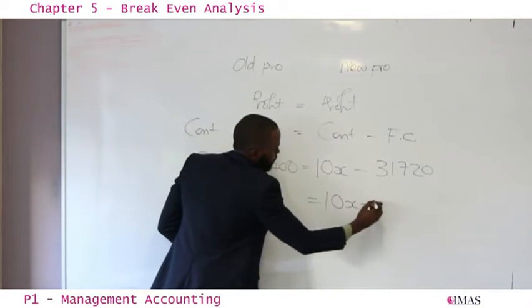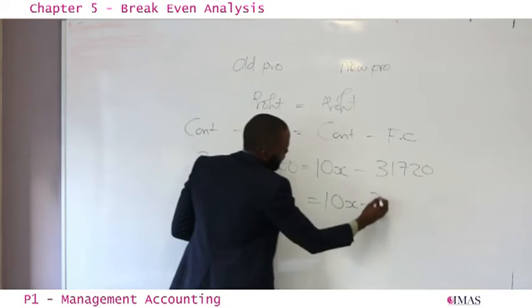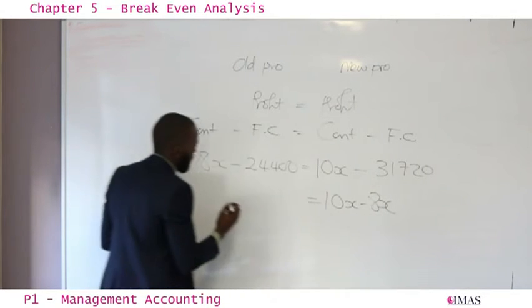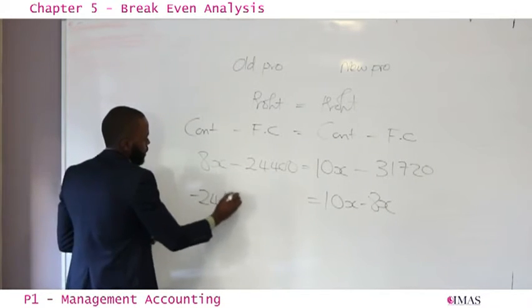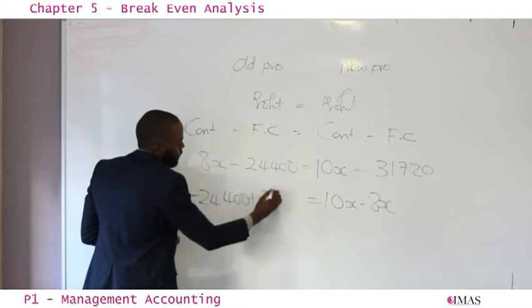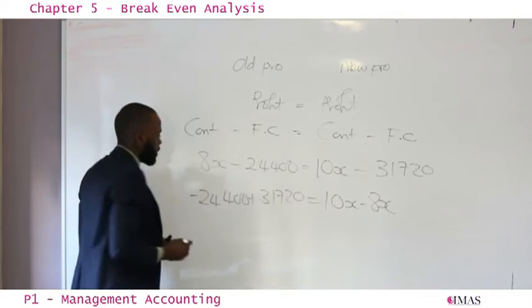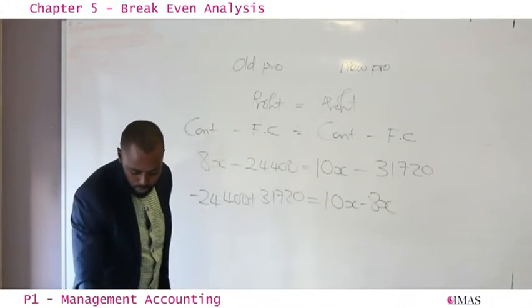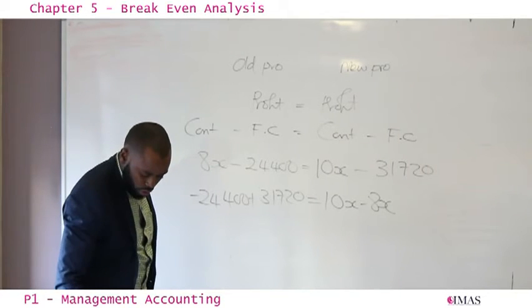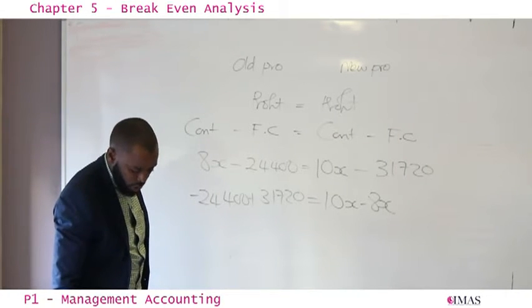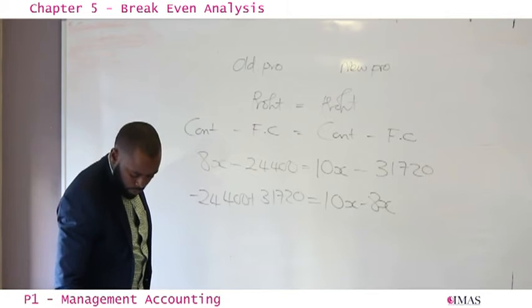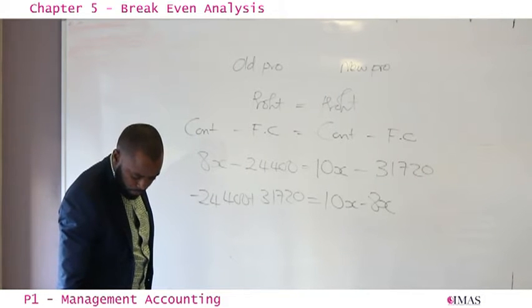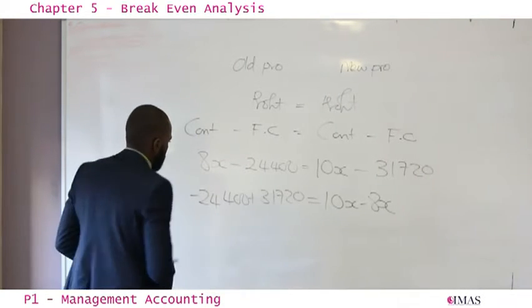Then we bring our variables to the same side of the equation. It's going to be 10X minus 8X, then minus 24,400 plus 31,720. So we have 7,320.